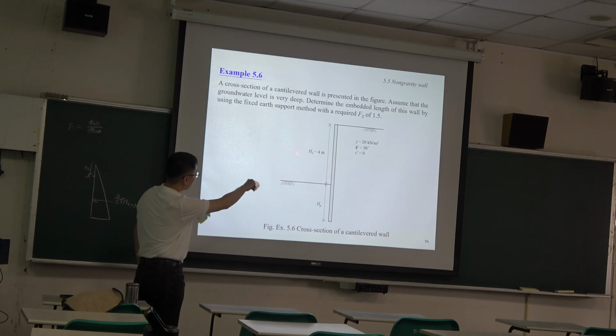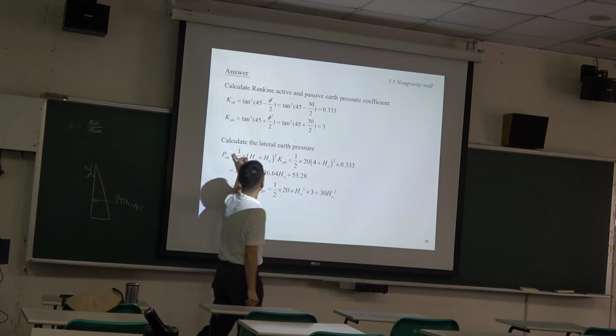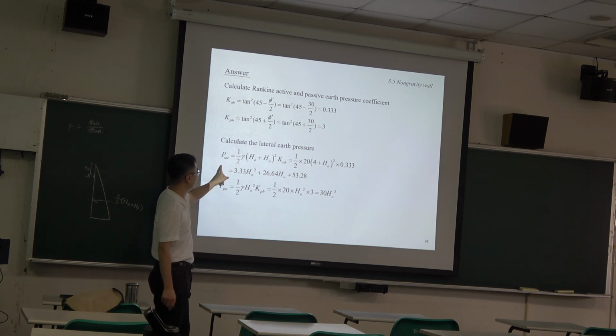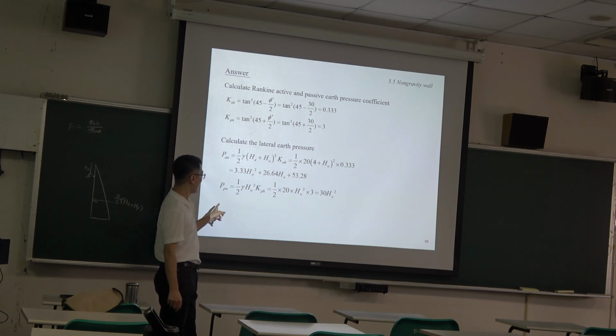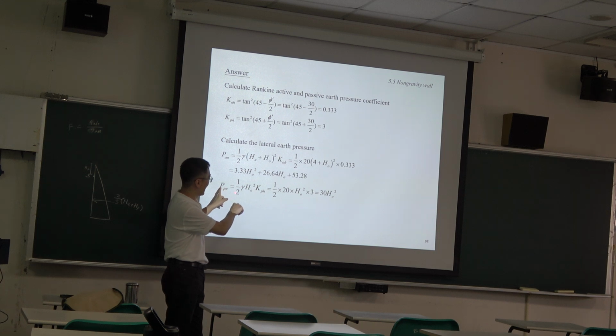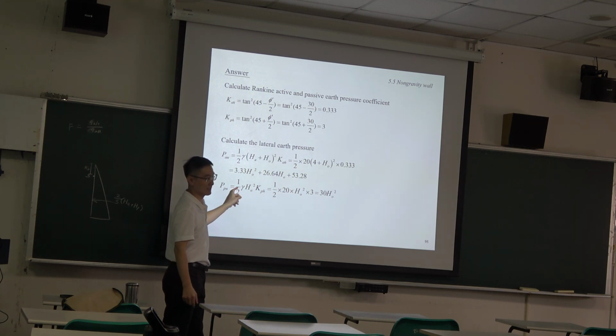The excavated depth is 4 meters, but we don't know HO. The upper active side resultant can be expressed by this. The upper passive side can be expressed by this, a triangular calculation.